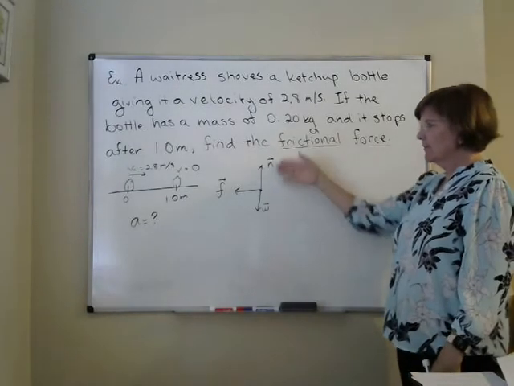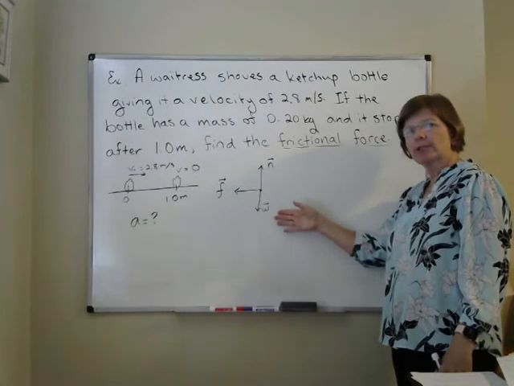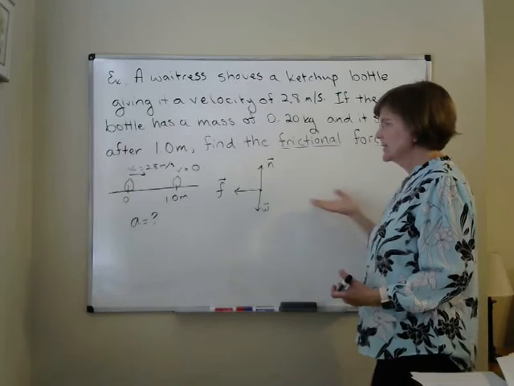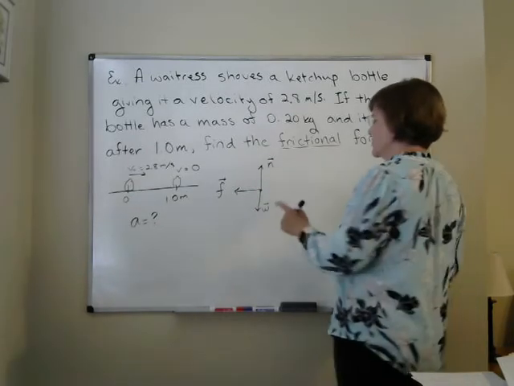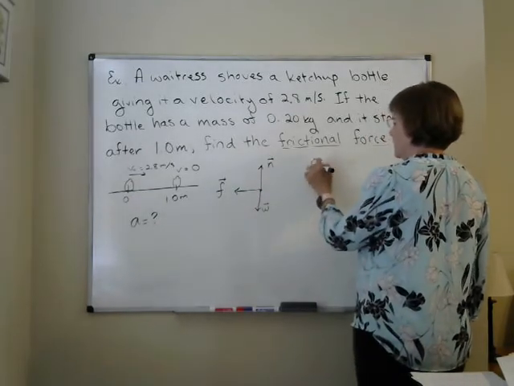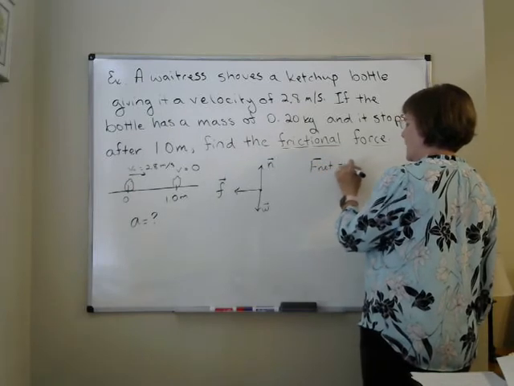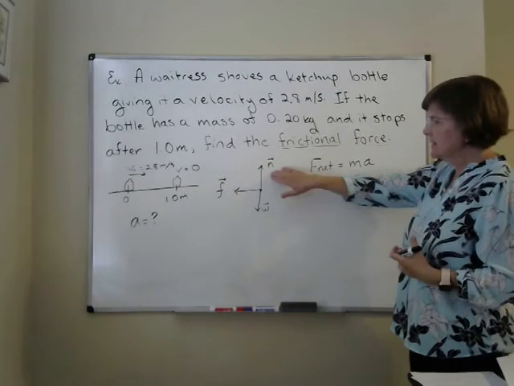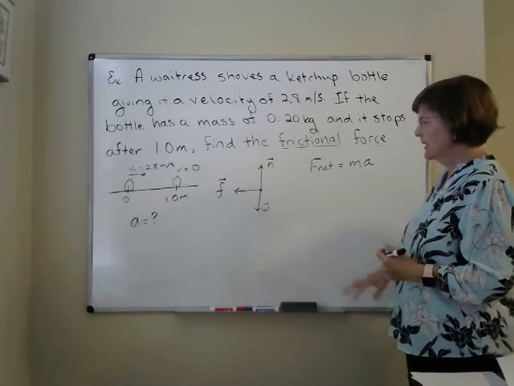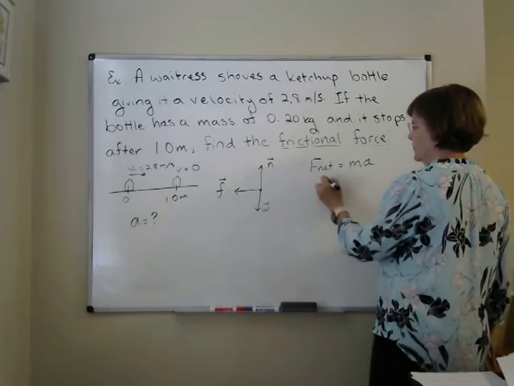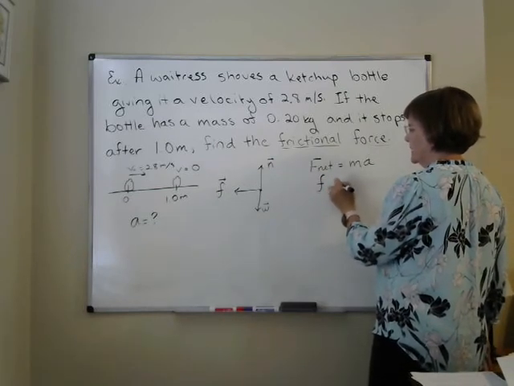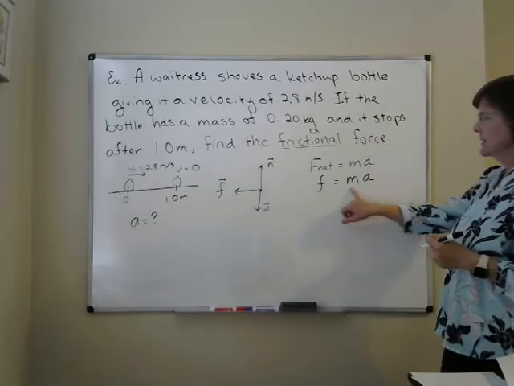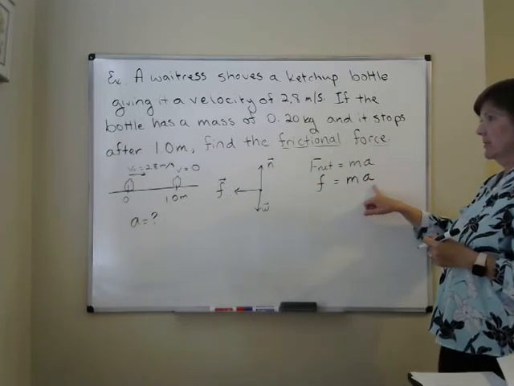These two are vertical, and we don't have any vertical motion. Vertically, we're essentially at rest. So the interesting part of the problem is the horizontal motion, which tells me that the net force equals mass times acceleration. Since these two cancel out completely, the net force is the friction. The frictional force simply equals the mass times the acceleration. I know the mass, I don't know the acceleration.